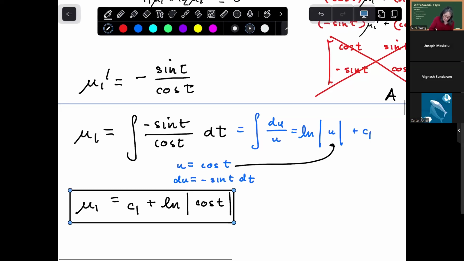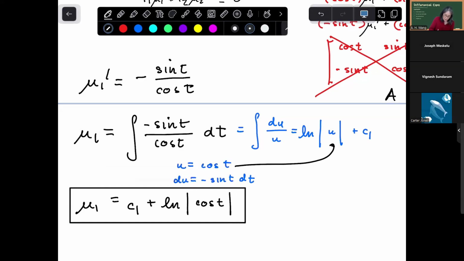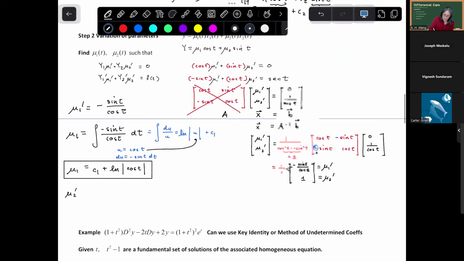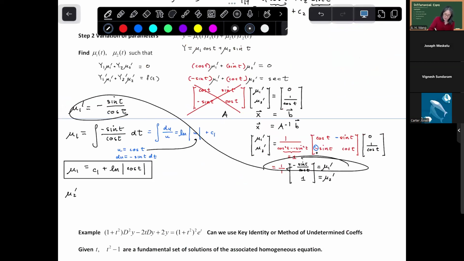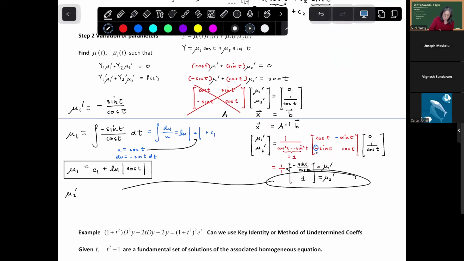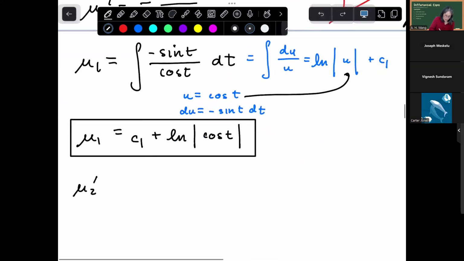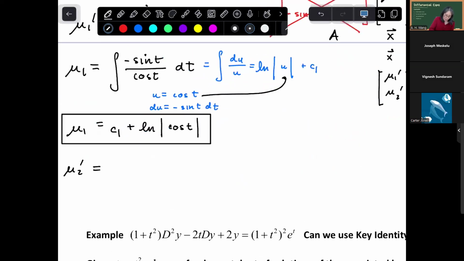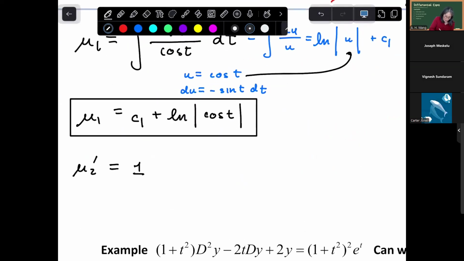Okay. And then let's go ahead and do our mu2. So mu2 prime. Remember, this is the mu1 prime. Now we're going to do the mu2 prime. So mu2 prime was equal to 1. So mu2 equals the integral of 1 dt.